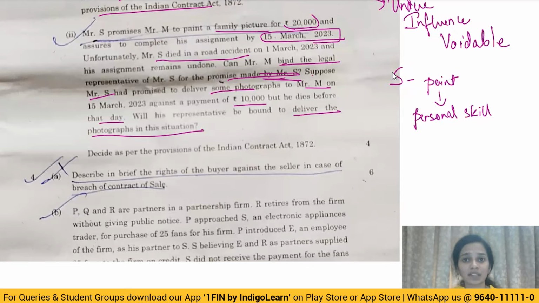Generally, where the person dies, his legal representatives will be bound by the contract unless personal skill is involved. So your answer to this question is completely based on whether personal skill is involved or not. Moving on to the next one.